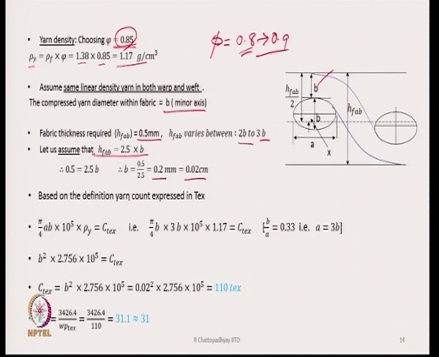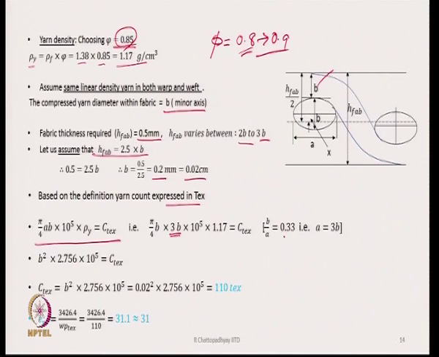Now, based on the definition of yarn count expressed in tex, we can write this pi by 4 AB, because it is the ellipse now within the fabric. So, pi by 4 into AB into 10 to the power 5 into rho y is going to be the tex value of the yarn, the count of yarn in tex. Therefore, pi by 4 into B, and this is another value we have chosen, 3B, that is A is equal to 3B.